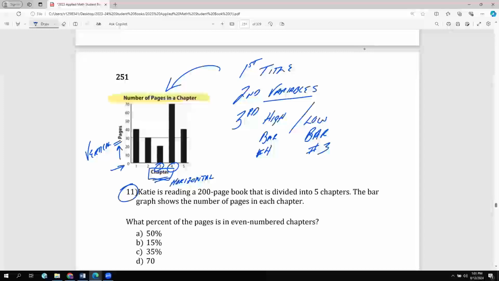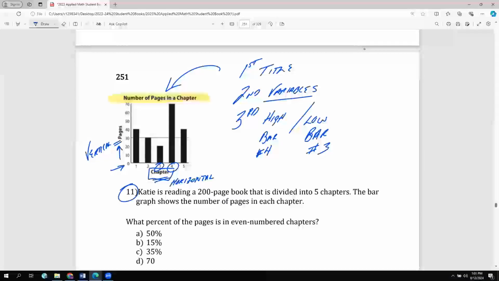This is a very good analysis to do in the beginning, because when it comes to the GED test, highs and lows are very common types of questions. If you can do it before you even dive into the question itself, you're setting yourself up for getting through the question a little quicker.